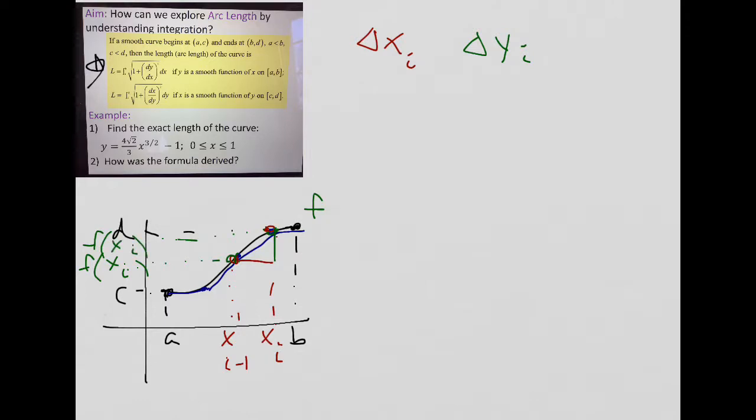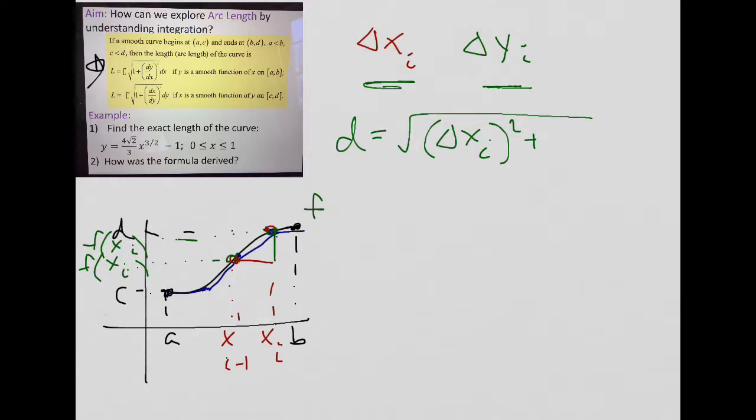All right, so now that we have those two expressions to measure out the change in x and y, remember the distance formula? This is the square root of the change of the x's, or x sub 2 minus x sub 1, squared, plus the change of the y's, or y sub 2 minus y sub 1, squared.